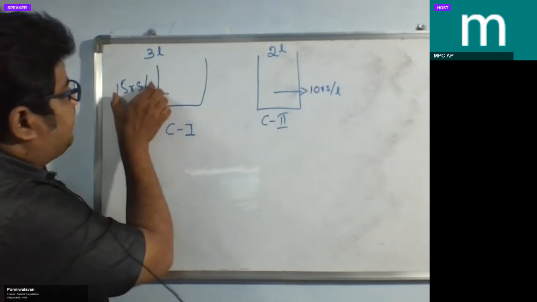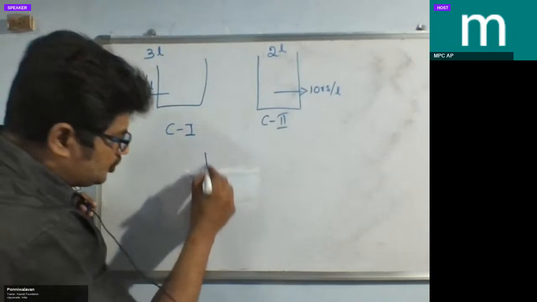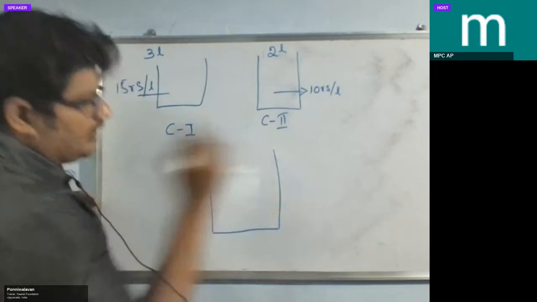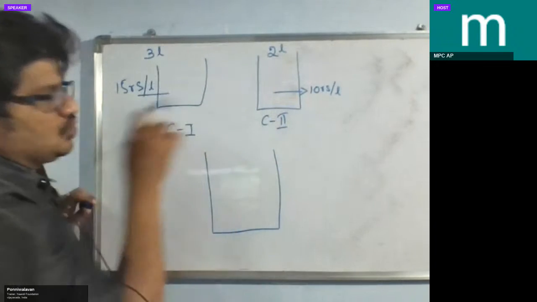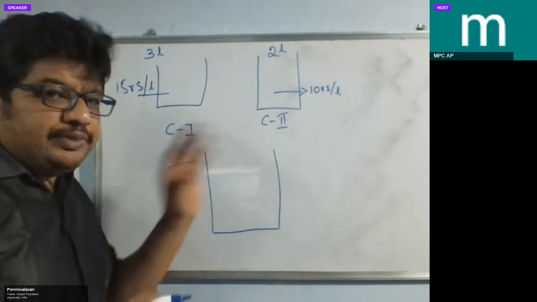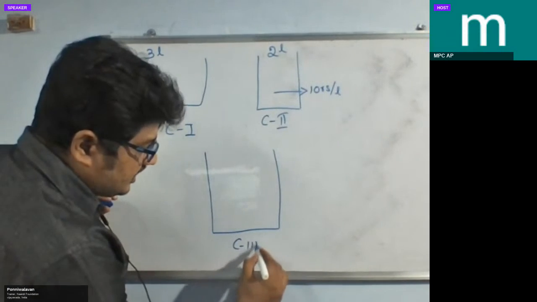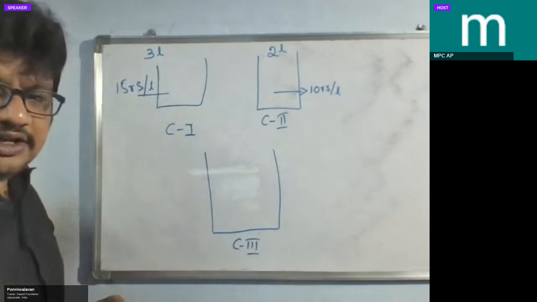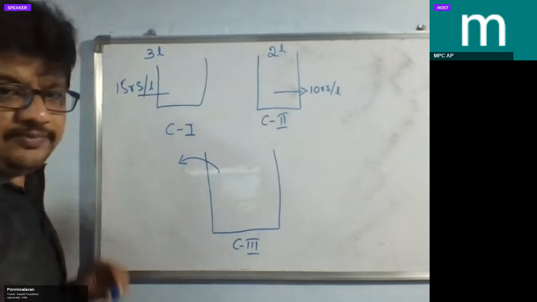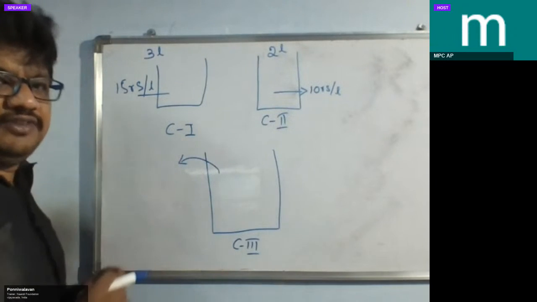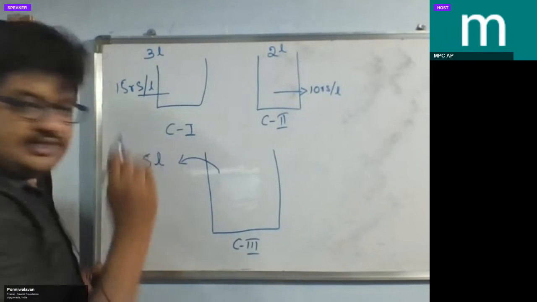Now I am going to mix these two solutions in a new container, container 3. Can you tell me how many liters container 3 will have? Very good, 5 liters.